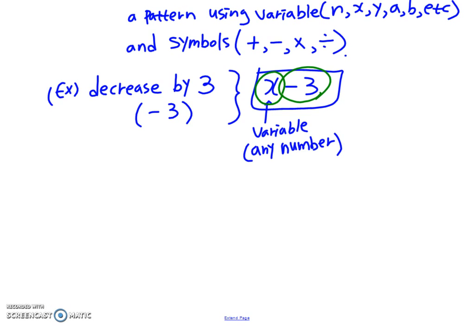For example, every single time imagine you're divided. Actually, this is a little tricky for grade 7.